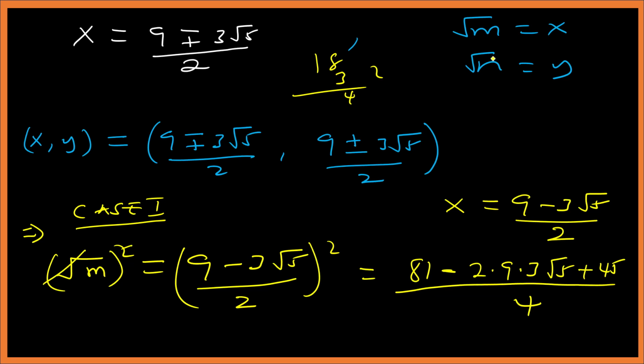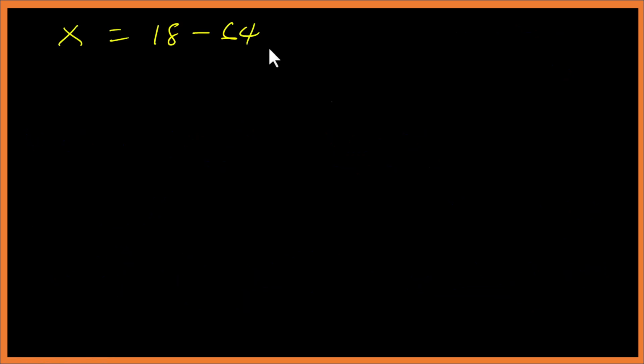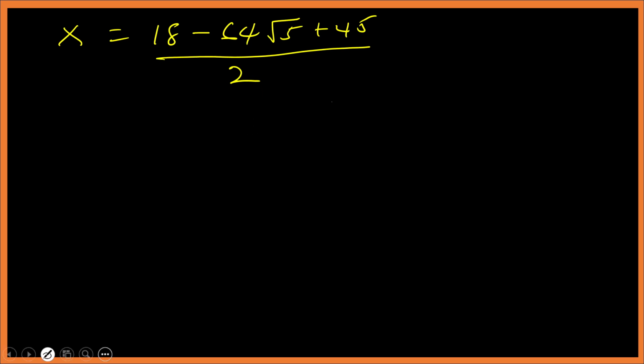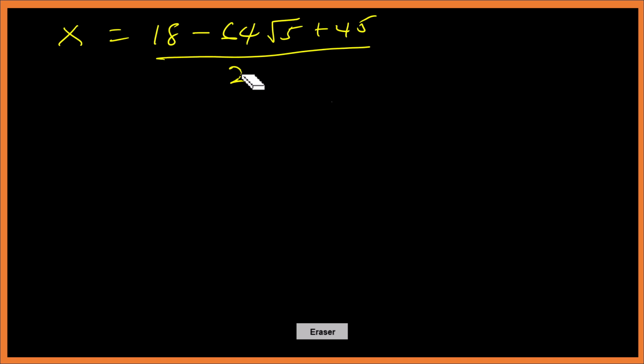So we have 81 minus 54 root 5 plus 45 on 4.